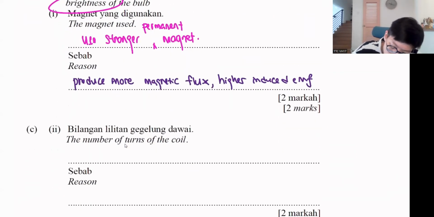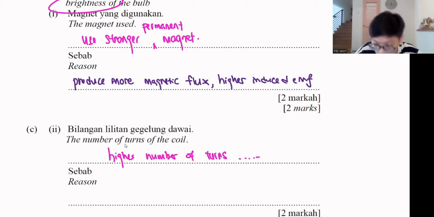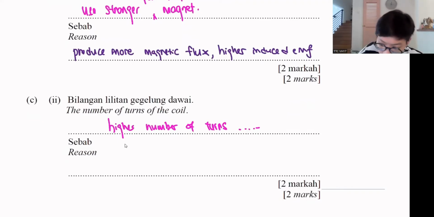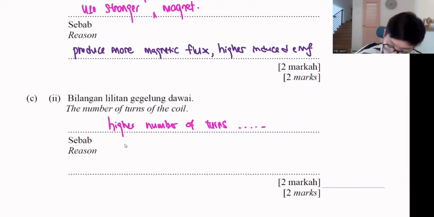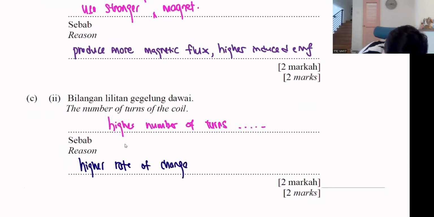Okay, why do you want a higher number of turns of coil? Why? Very simple. Yes, correct. Because you want to have a higher rate of change of magnetic flux.